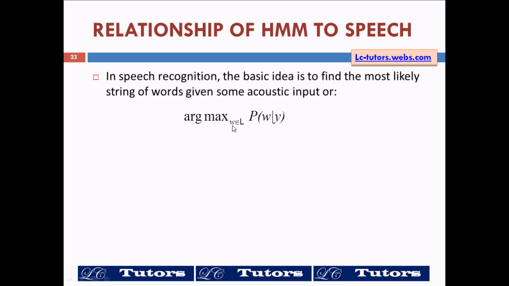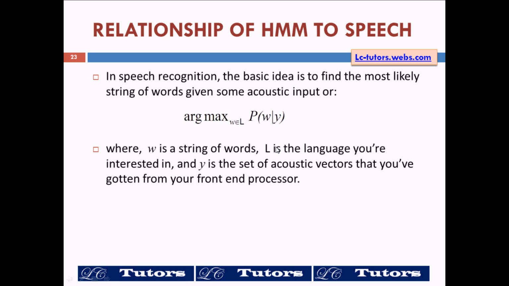W is the string of words. Given the acoustic, that is what you hear, we use that to predict W. So W given Y. We listen to Y, and use the vectors to predict W.